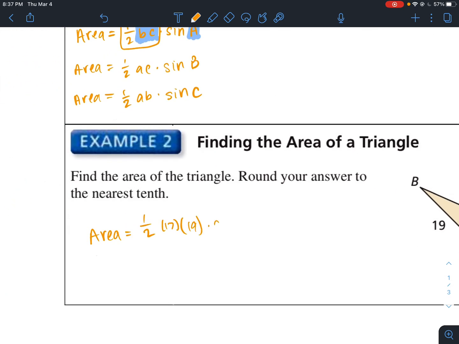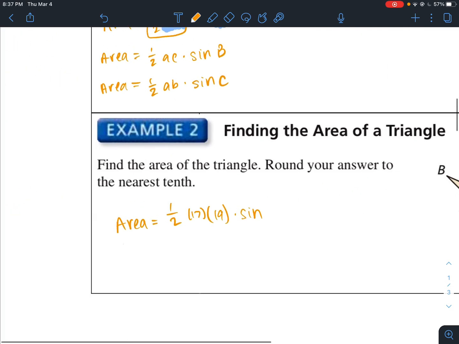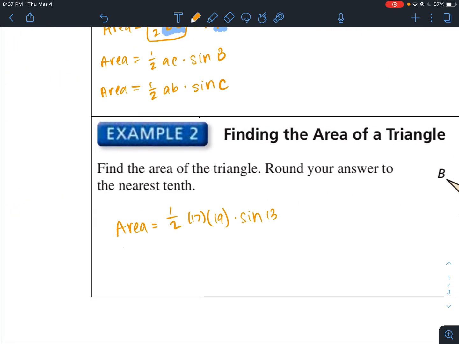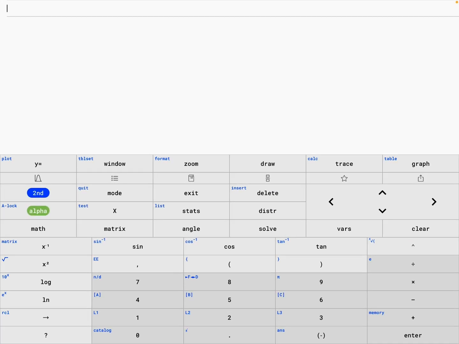And that's going to be multiplied by sine of angle A. So sine of 135 degrees. So let's go ahead and punch that in here. It depends on the order that you do it, but let's do 1 divided by 2, parenthesis, 17, and then another parenthesis, 19, and then sine of 135 degrees.